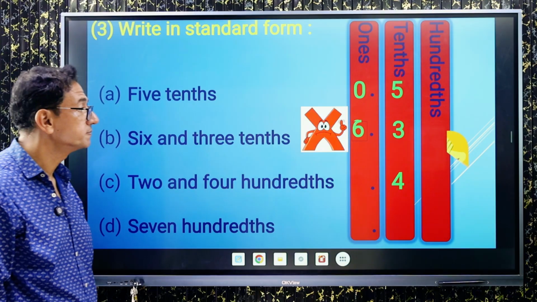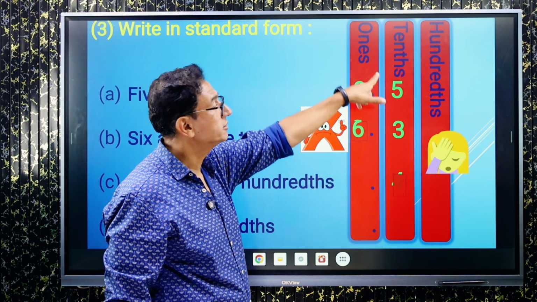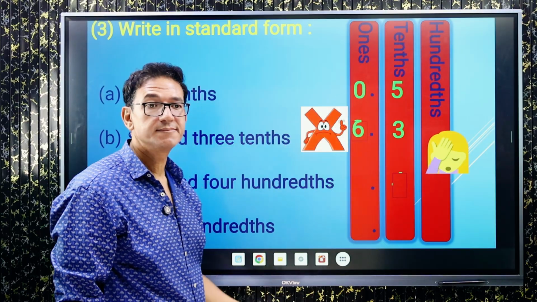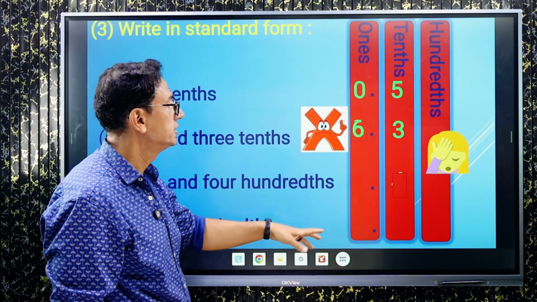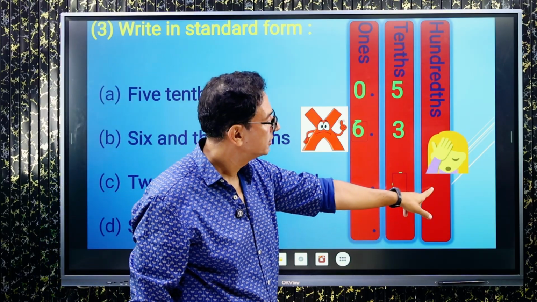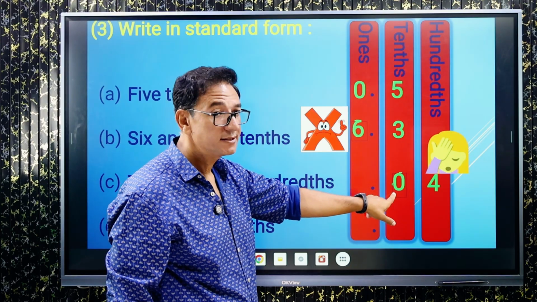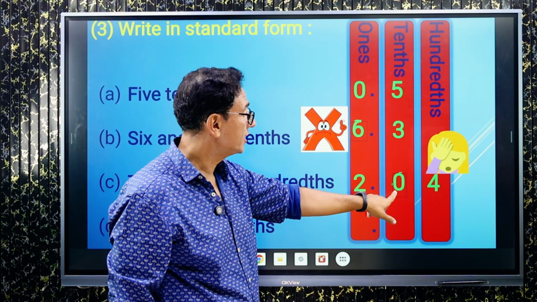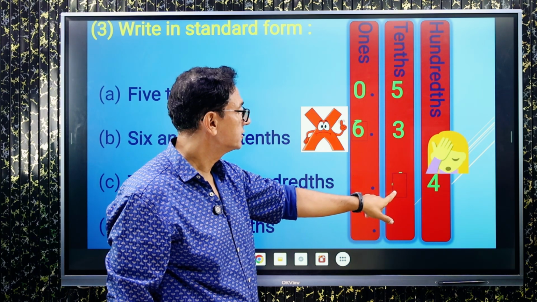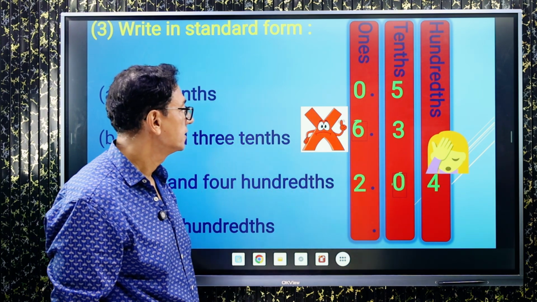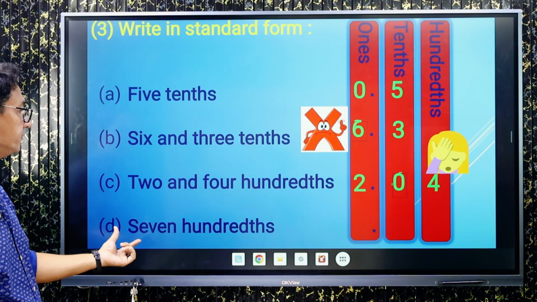No. Why? Because we put the 4 in the tenths place, and this is 4 hundredths. So we will write 4 in the hundredths place, and this is correct. And then in the tenths place we have nothing, so we will write 0 and 2.